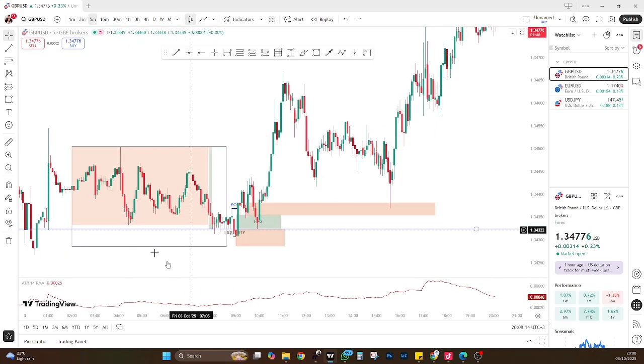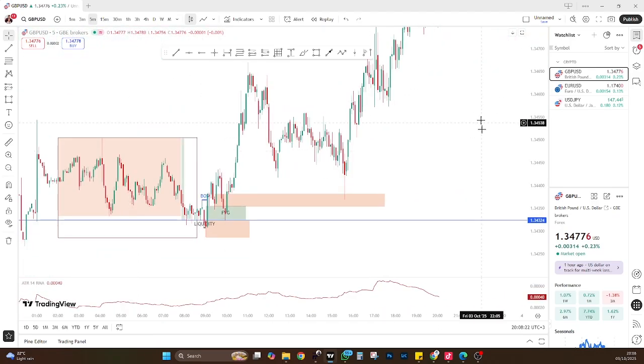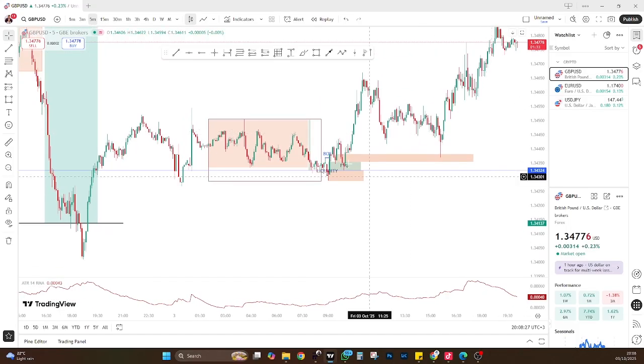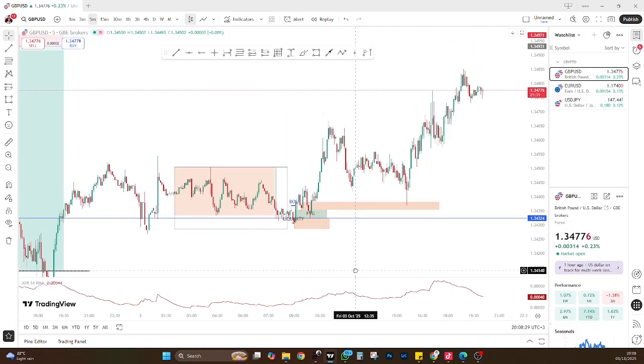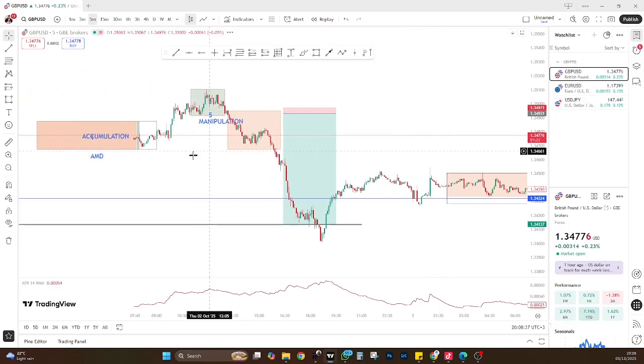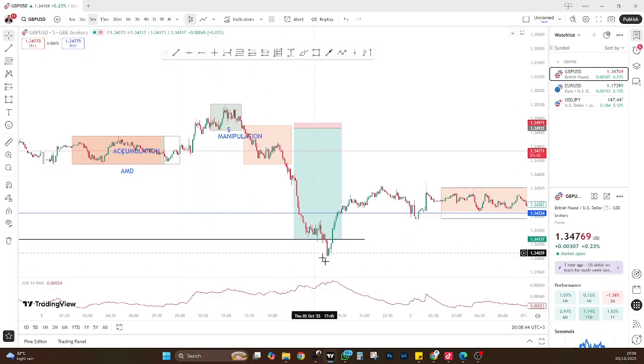So our thing worked here. It worked today. It worked yesterday. And in most cases, especially with GU, once the market leaves this manipulation window, it is never coming back.